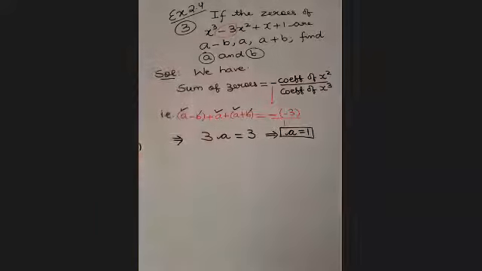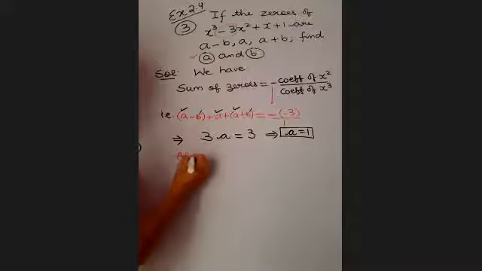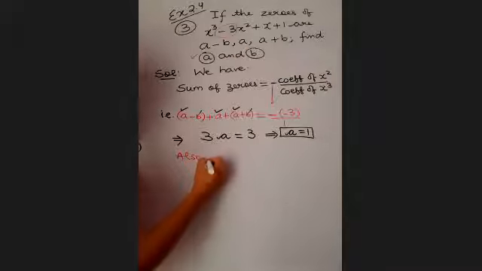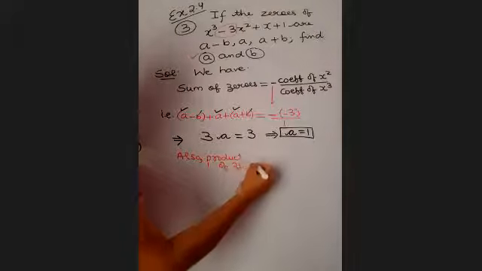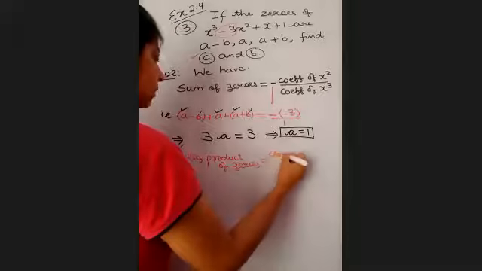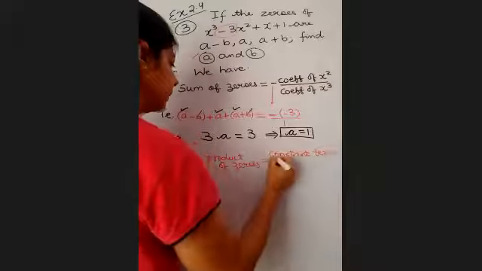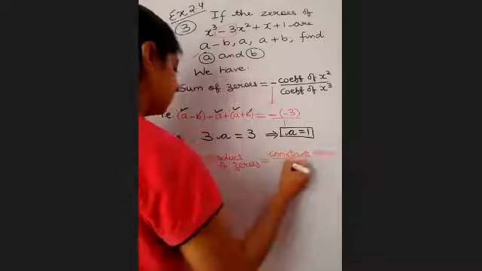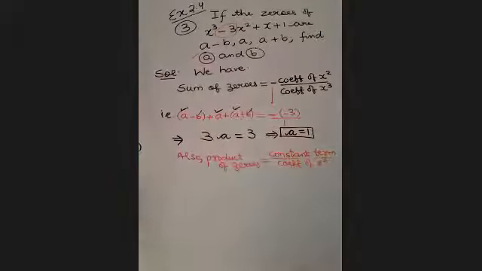So we have got one value from the sum of zeros. Now we are left with b. We also know that the product of zeros is equal to minus the constant term divided by coefficient of x cube.